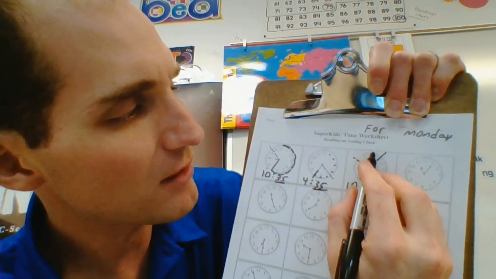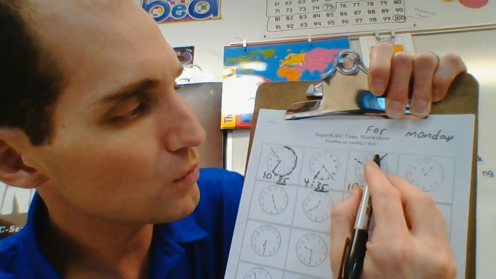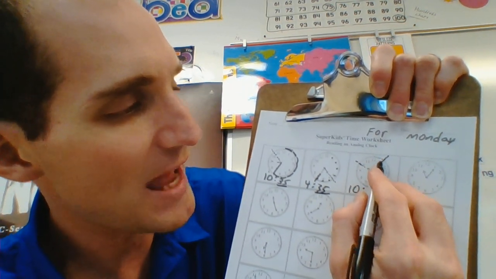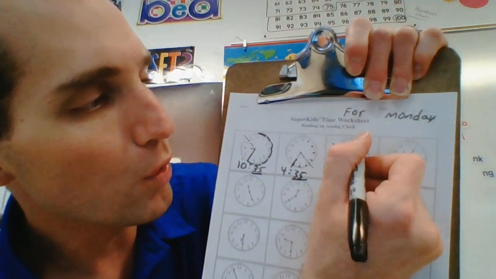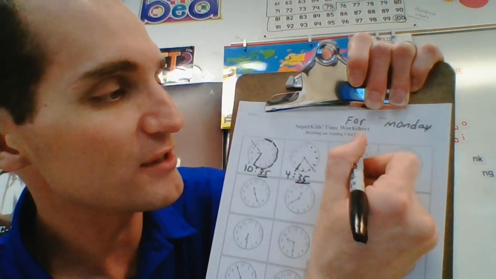Now, how many minutes is it going to be? Well, it was 10 o'clock. How many minutes have I gone since 10 o'clock? 1, 2, 3, 4, 5. It's been 5 minutes. Or if you're really good at this already, you can just count by fives. 5.